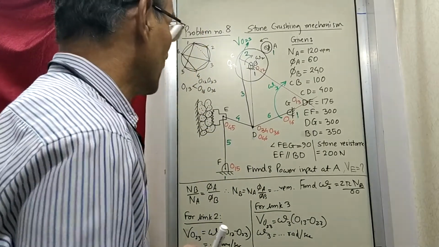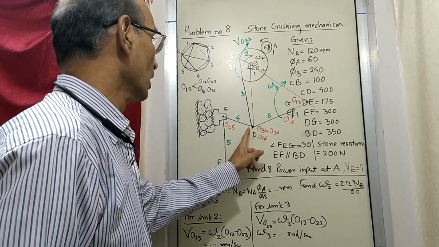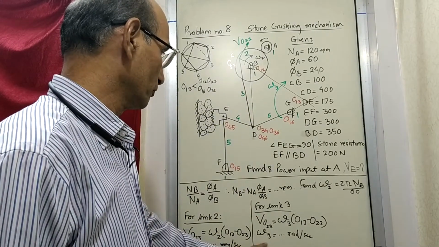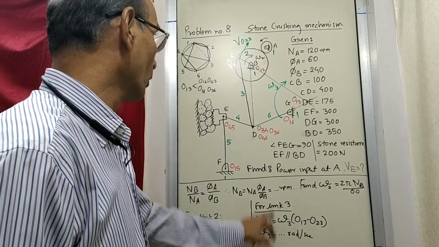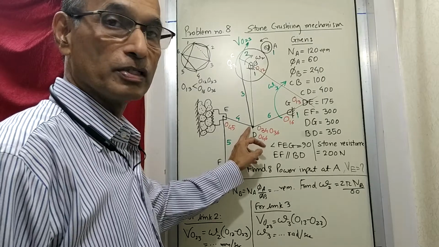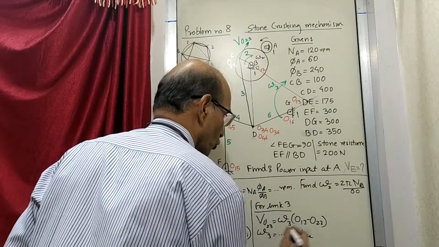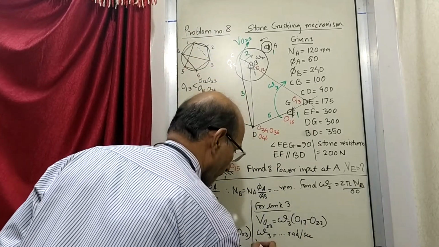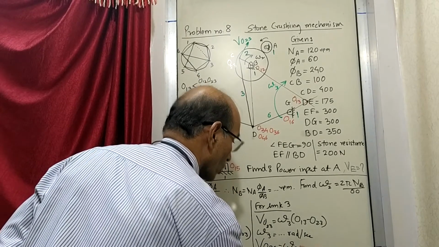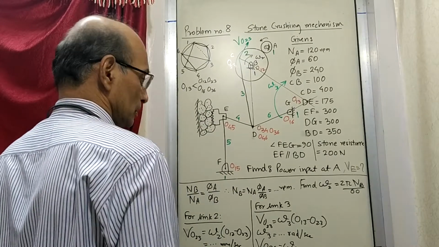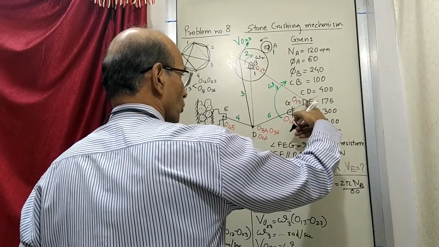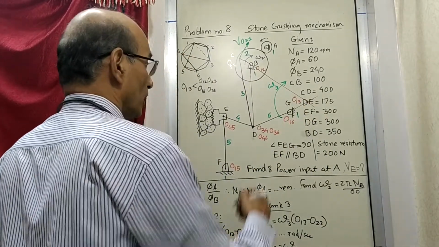And because of omega 3 like this, the velocity you can find out like this. Now knowing omega 3, any other point on link 3 you can find out the velocity. So let us try to find out O36. So I'll write maybe here: omega 3 and distance from O36 to O13.